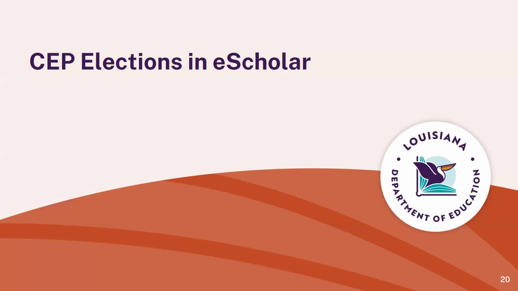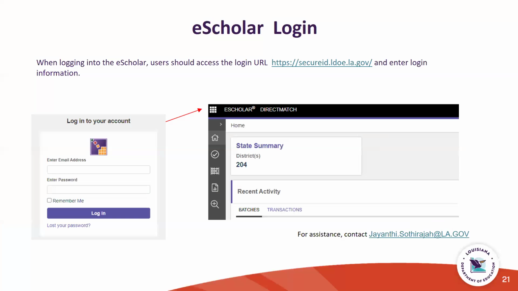So this year, we are going to be doing CEP elections in eScholar. This is the same eScholar login that you used for doing population. While logging into eScholar, users should access the login URL linked on the screen and enter their login information.